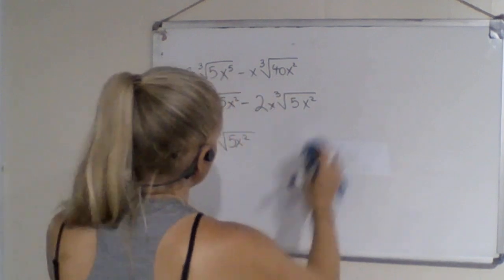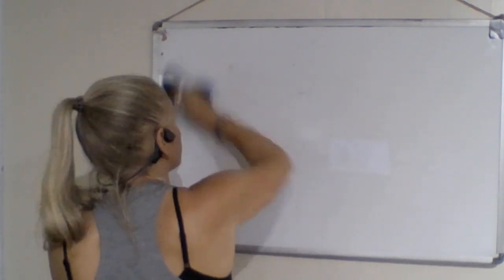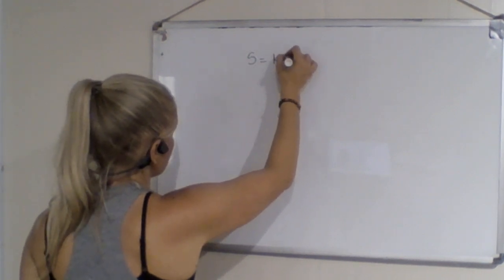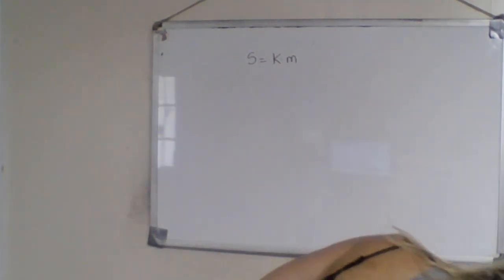The last thing we're going to look at is the word problems. This is a long video, guys. It says evaluating a model using properties of rational exponents. They give you a table over there, and they tell you you have this model. S equals K times M to the 2/3.